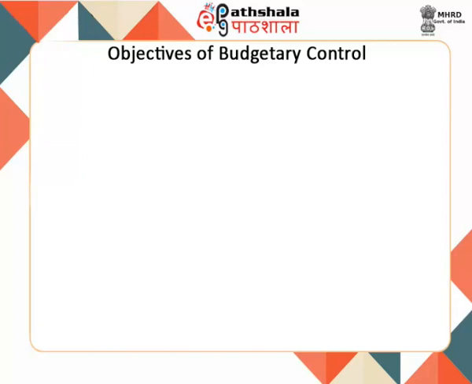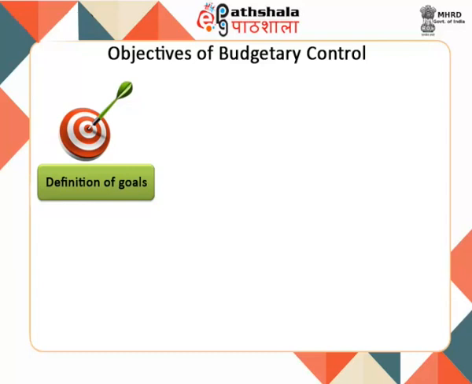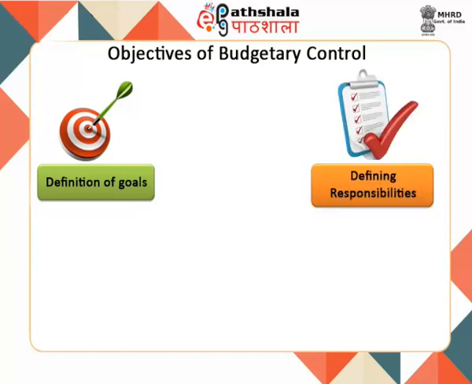The objectives of budgetary control are: number 1, definition of goals, which is to portray in clear-cut terms the overall aims of the organization and breaking them down into target goals of each unit. 2. Defining responsibilities, that is, to clearly specify the responsibilities of each person so that everybody knows what is expected out of them and how will they be evaluated. 3.